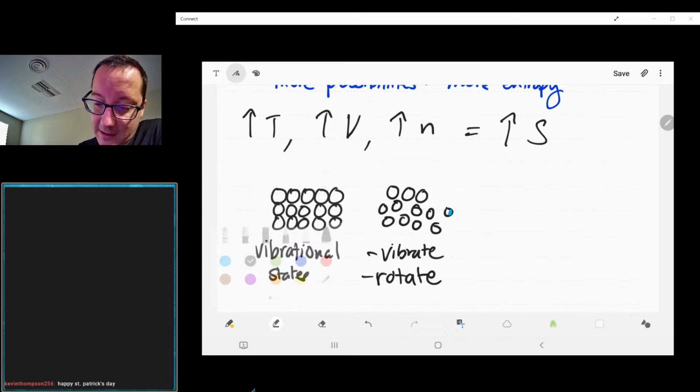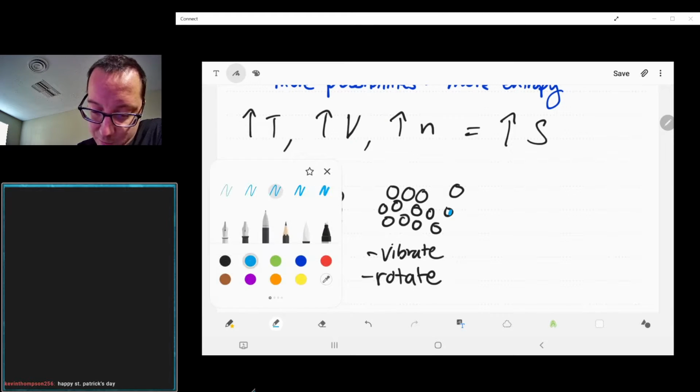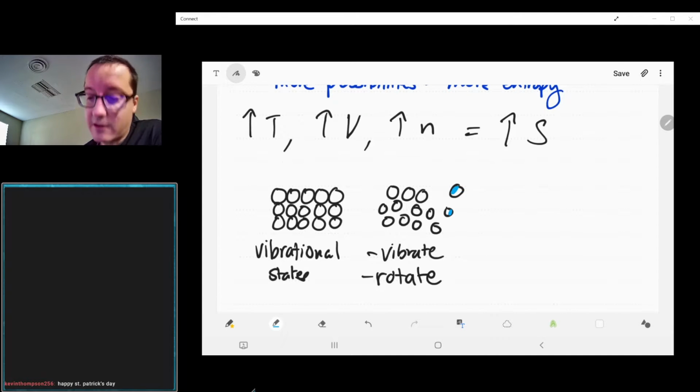If we look at it at a given time, maybe it's now over here where the blue part is up there. And it can also move in place. So it can rotate and it can vibrate. And so it has even more entropic possibilities. So liquids are definitely more chaotic, more disordered, and have more entropy than solids do.